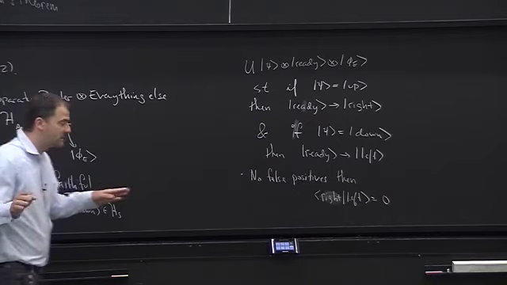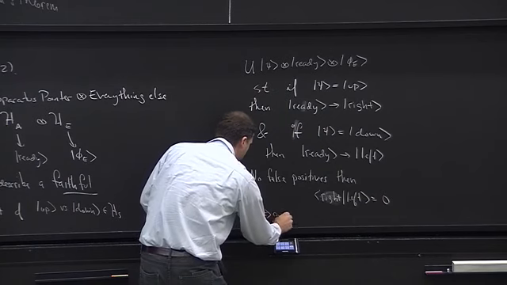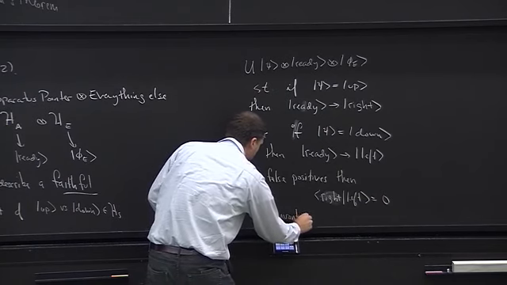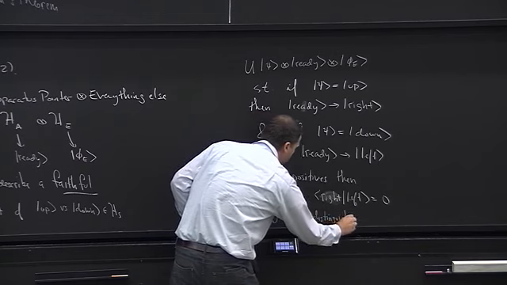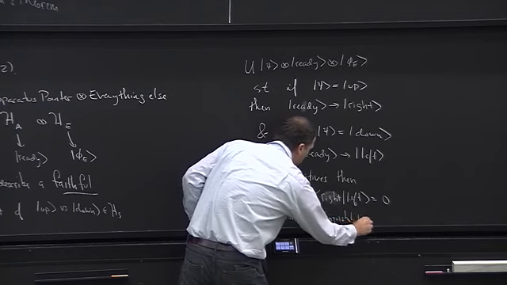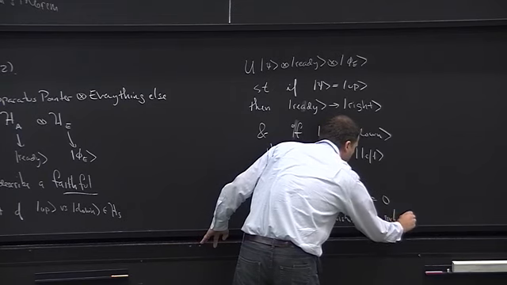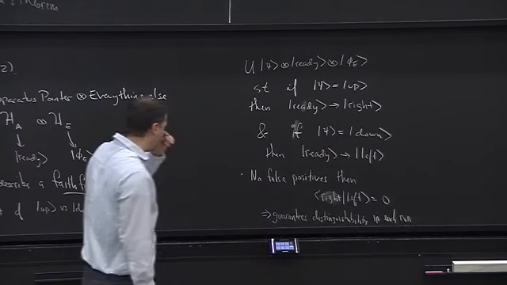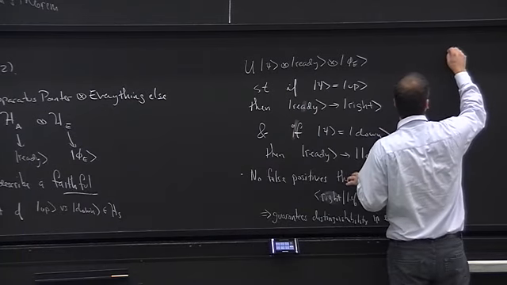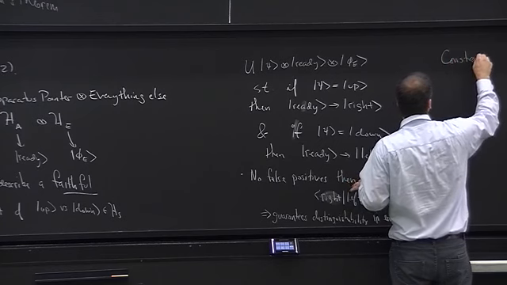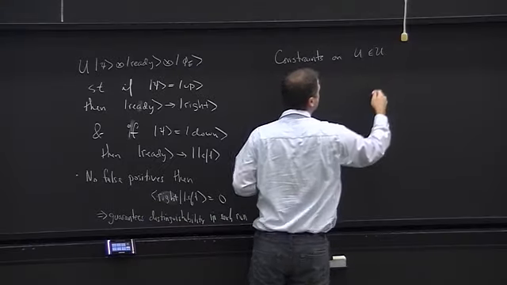Okay, then we're guaranteed distinguishability in a single shot, in each trial or run of the experiment. So these are constraints on U, which is some unitary operator.